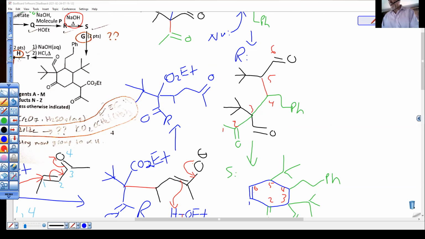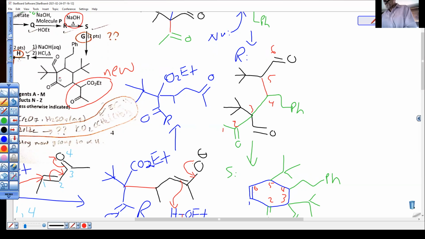I'm gonna circle the only new part of the molecule that wasn't there in S. And how do you get this nucleophile on a position where there used to be a double bond here? I'm helping you out here. You want me to put the numbers up here that correspond to the numbers down there? Why not?